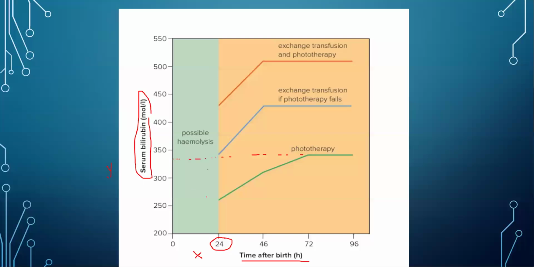Now, as you can see, as time goes on, we can tolerate more and more bilirubin before starting phototherapy. For a 24-hour-old, they will get phototherapy if the bilirubin is above 250, right? But for a 72-hour-old baby, they will require phototherapy if it is between 300 to 350. Okay?